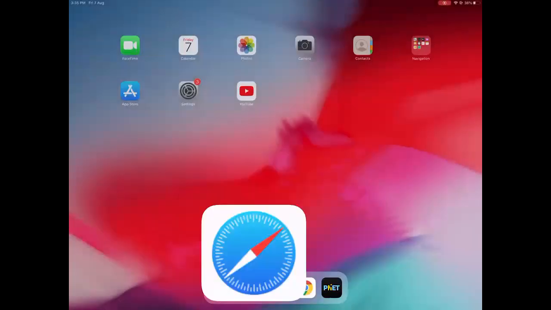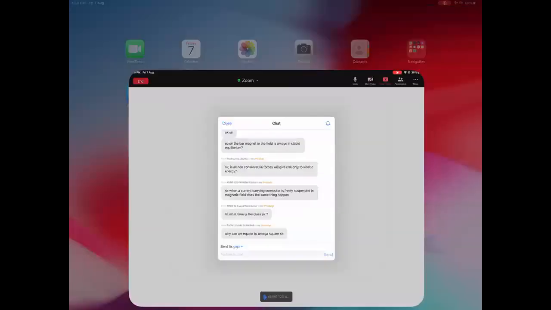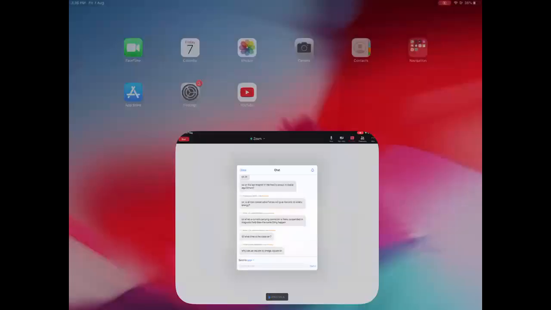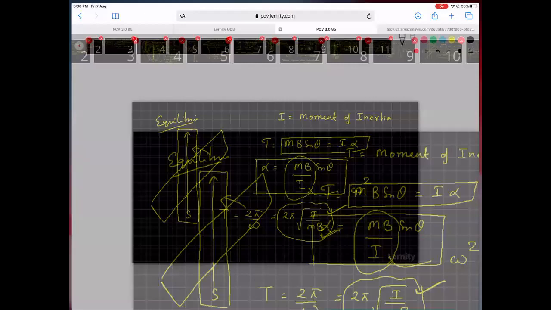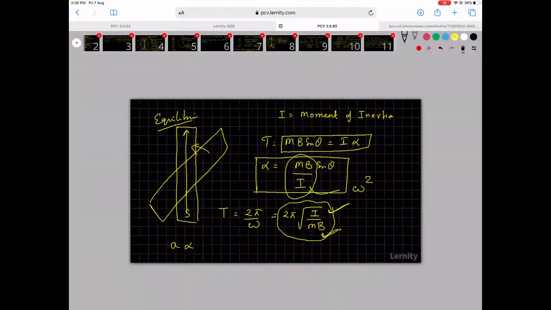Why can we equate to omega squared? Oscillations. You have to read the chapter on oscillations. Whenever acceleration is proportional to x, or angular acceleration is proportional to theta, then this constant is equal to omega squared.